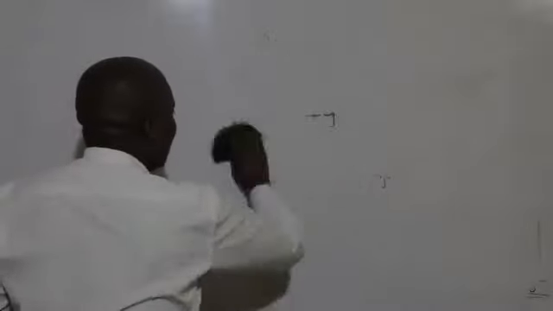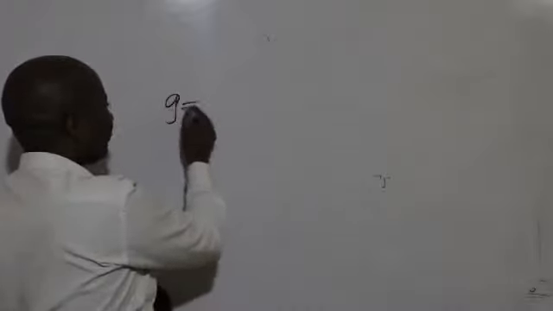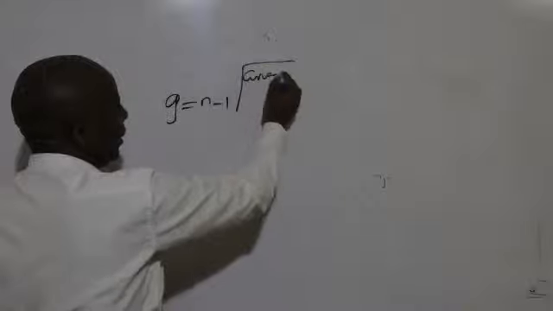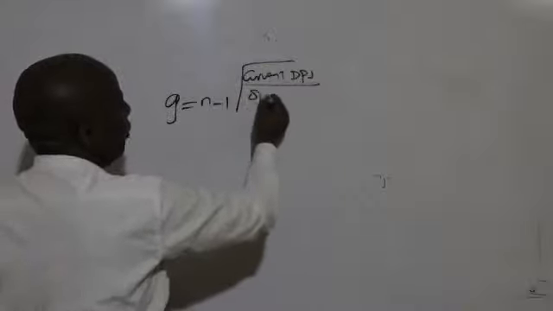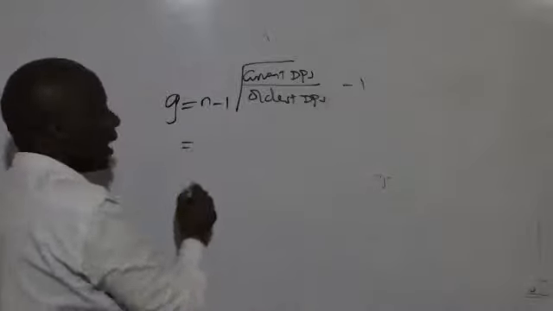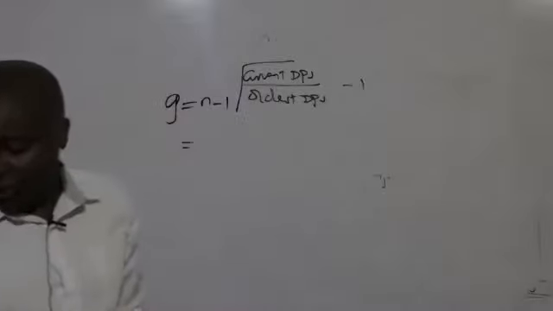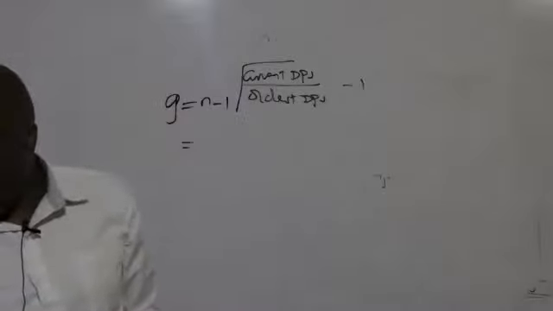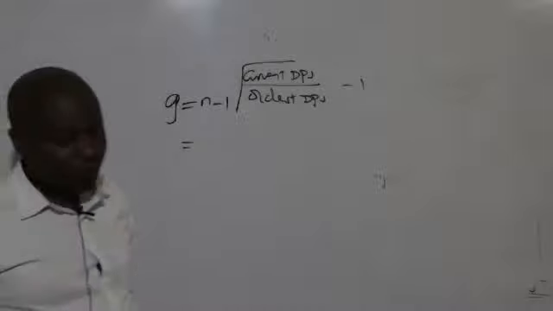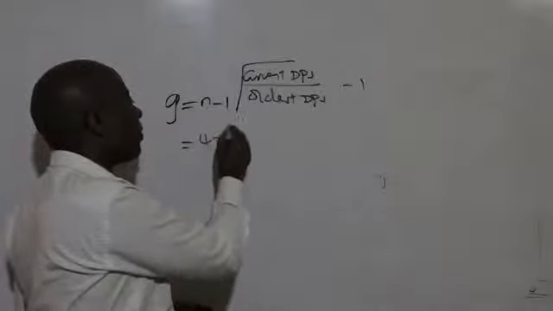So the first thing I'll do is give my examiner the growth rate, which will be the n-1 root of current DPS over the oldest DPS, minus 1. They have given us a series of dividends for 4 years, 2018 to 2023. So n minus 1 is 4 minus 1.